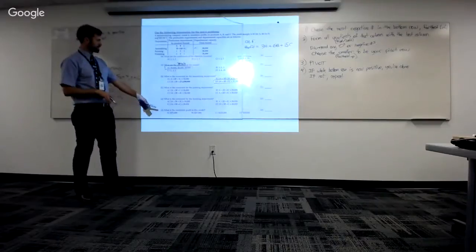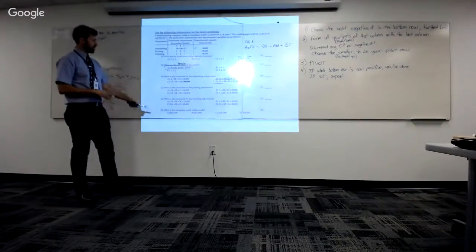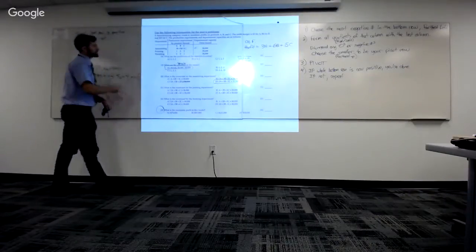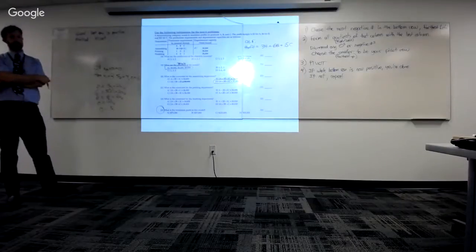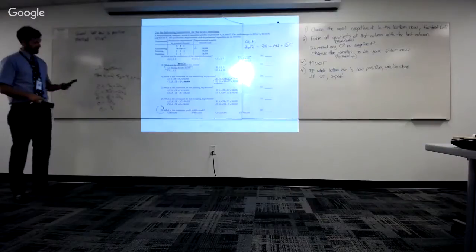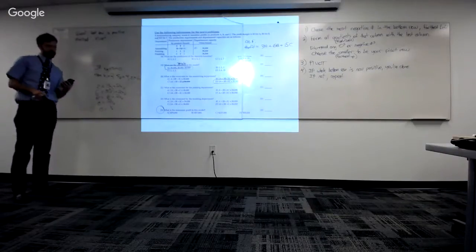Last one, what is the maximum profit in this model? Well, that would mean actually sit down and solve the whole thing. But let me see what time it is. We have 30 minutes.